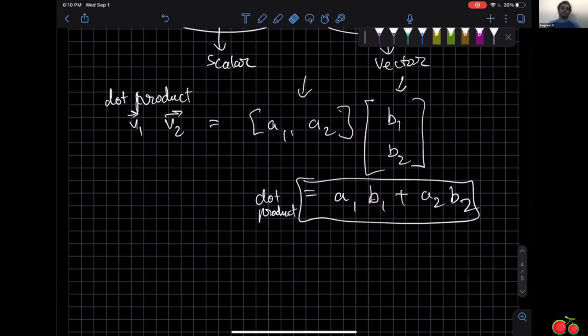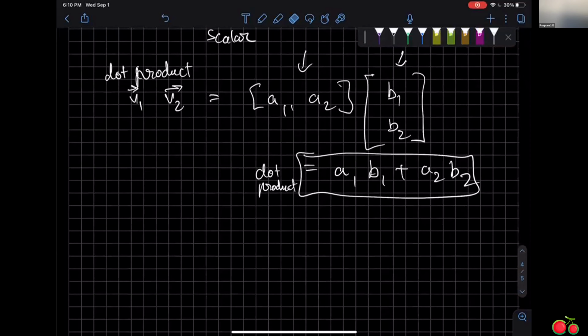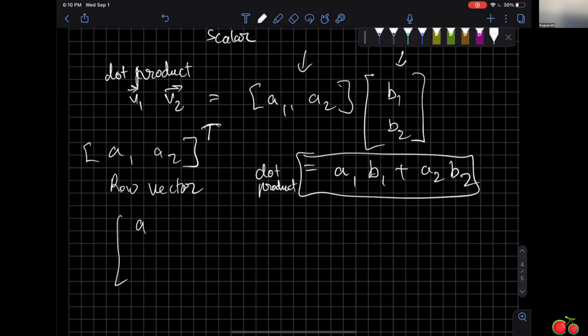That's because there's the idea of a row vector and a column vector. A row vector is when you have something flat, a horizontal vector. There's an operation called transpose. You write a little t. When you write a transpose, it becomes a column vector.